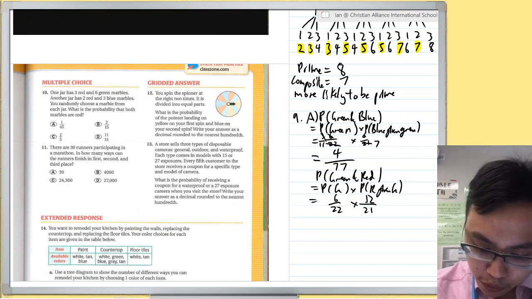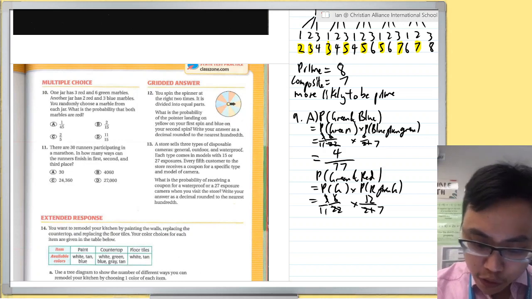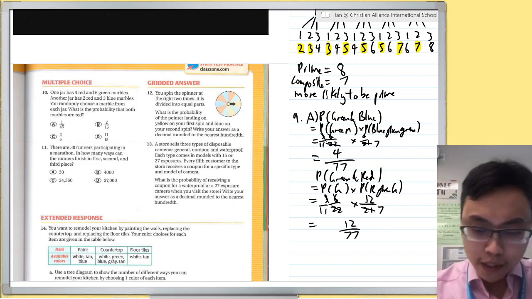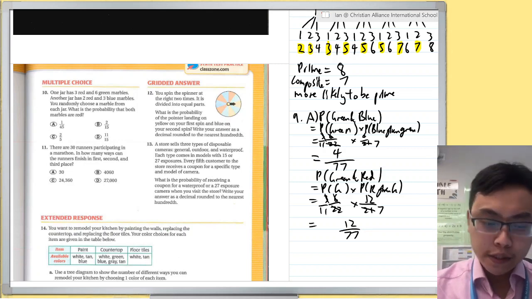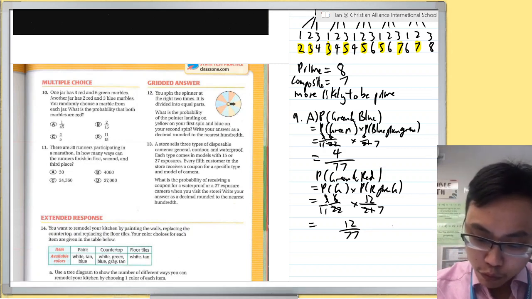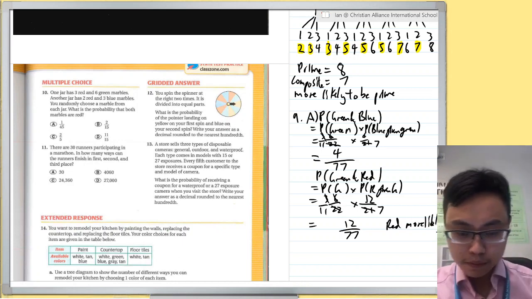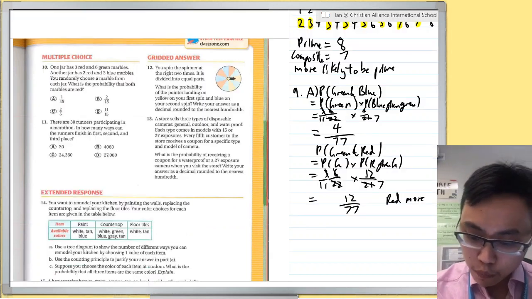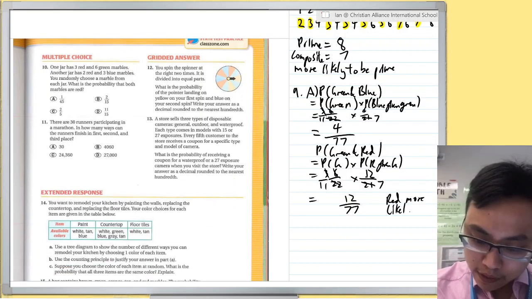Then 6 out of 22 is 3 out of 11, and 3 and 21 can be simplified again. So that's 12 out of 77. So which one is more likely? Red is more likely.